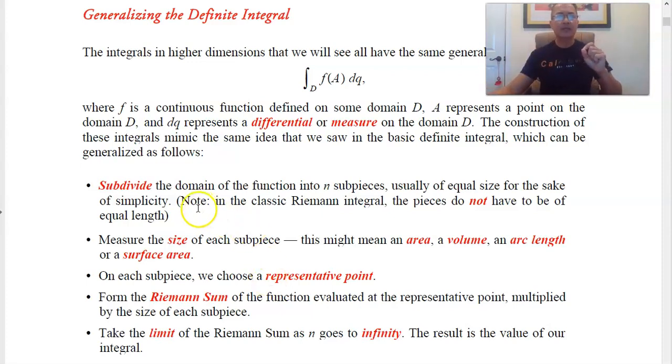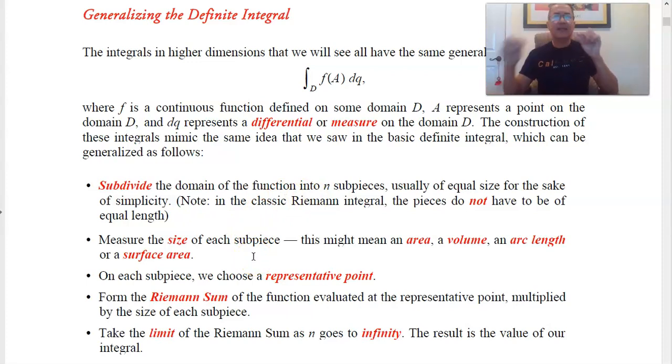In the same way, we are going to subdivide the domain of our function, capital D, into small pieces. We're going to start with the rectangle next time, and we're going to cut up that rectangle into small subrectangles. We will measure the size of each little piece.